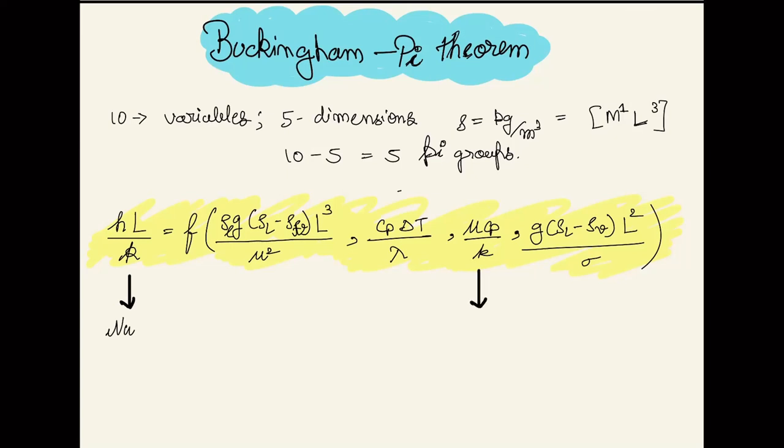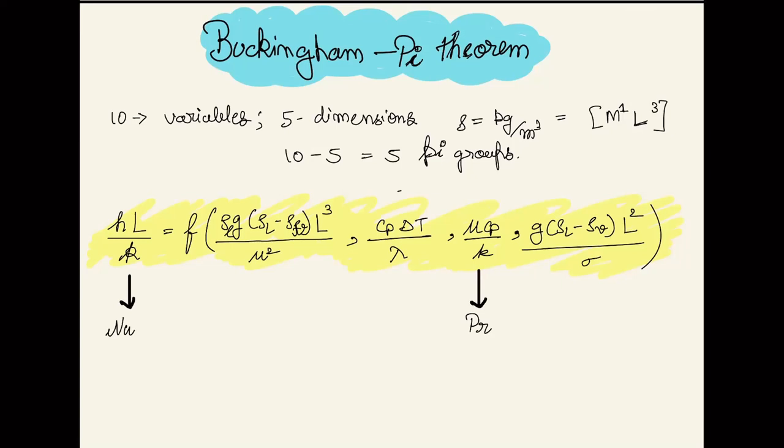This particular number we have again seen. This is your Prandtl number. We are pretty much familiar with it, but now we are not familiar with the other terms that are evolving over here, and it's good to understand them.